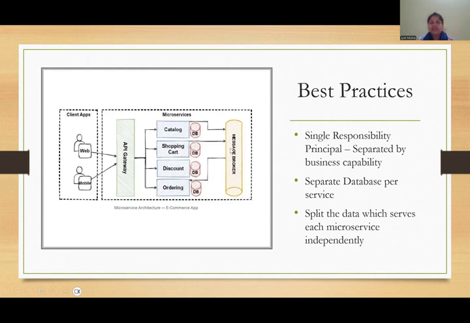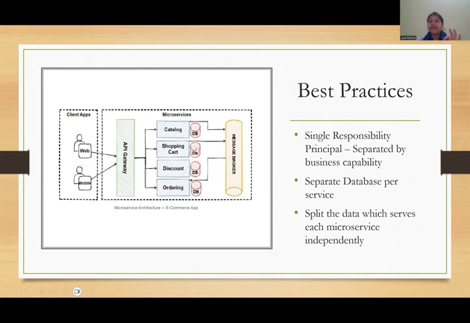See your application layer. Now it has been divided into multiple microservices, and each microservice has its own database. So you've separated everything, the services and the database. These are the best practices. When you are splitting the database also, you have to ensure that anything done on one should not impact the other.